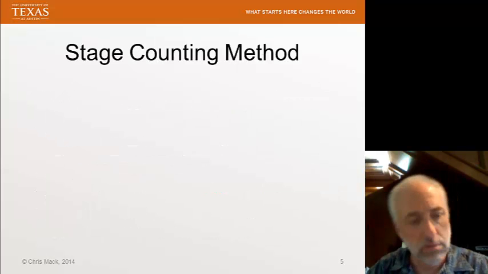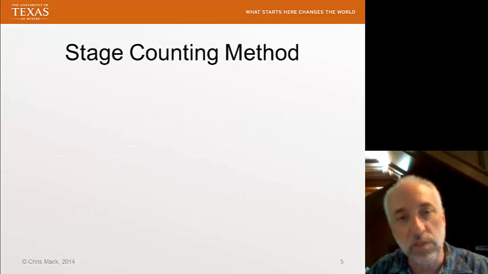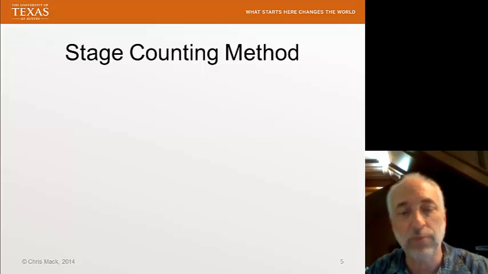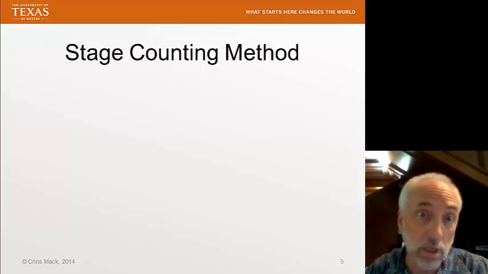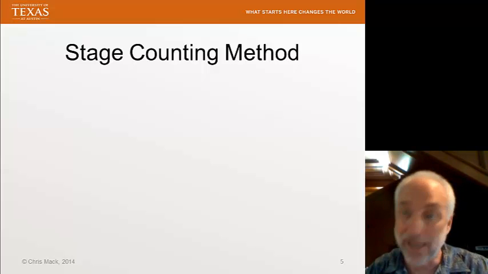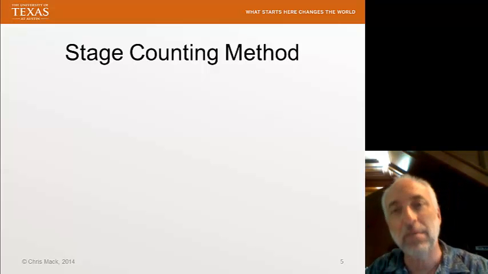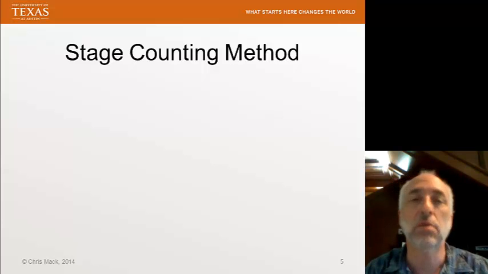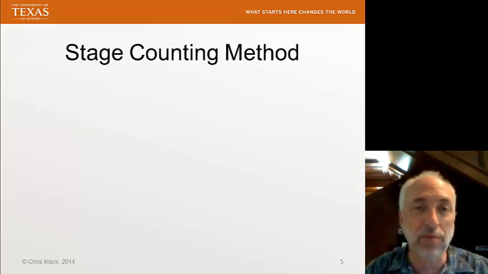Well, these are relatively simple cases, but sometimes the number of options gets larger and larger and larger. The stage counting method is the fundamental method that we use to break a complicated problem down into a simpler problem.